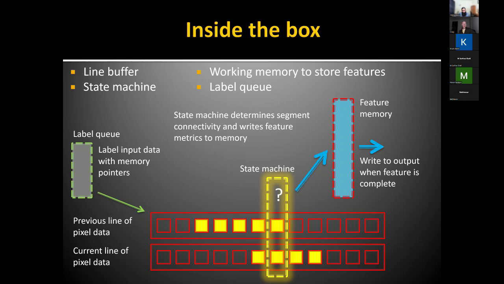So the reason for breaking it down from just a region is that the old method of locating objects, or doing what connected component labeling was used for.